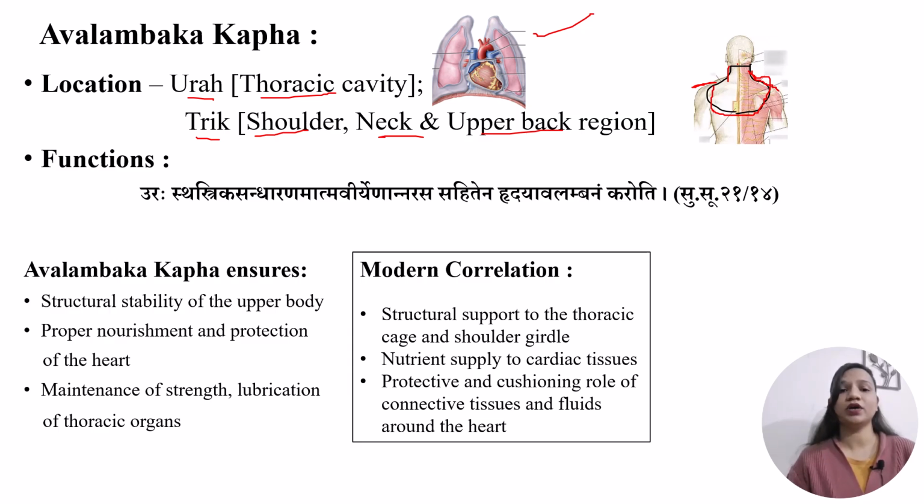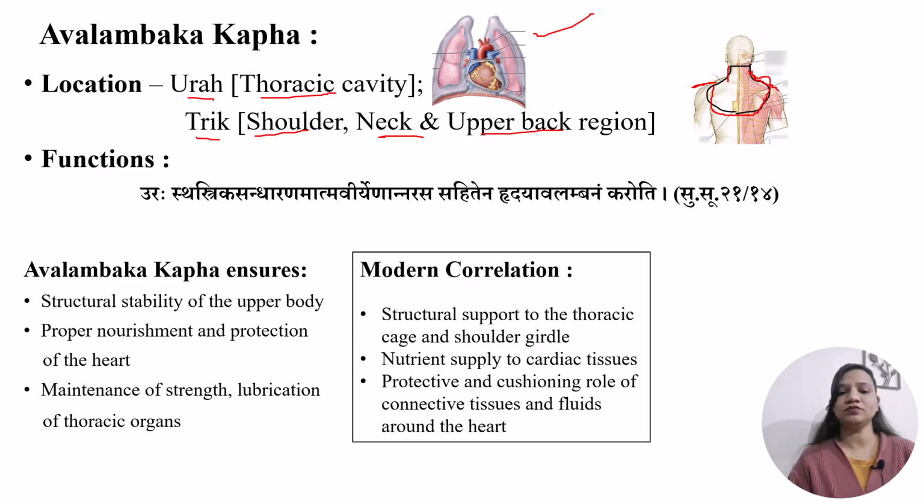Okay, so in Uraha region, that means chest and thorax, we have already discussed that this is the main site of Kapha, and by Kapha I mean Avalambaka Kapha. And this region includes heart and lungs. In thoracic cavity, heart and lungs are also there. So Avalambaka Kapha plays an important role in nourishment and protection of these two important organs.